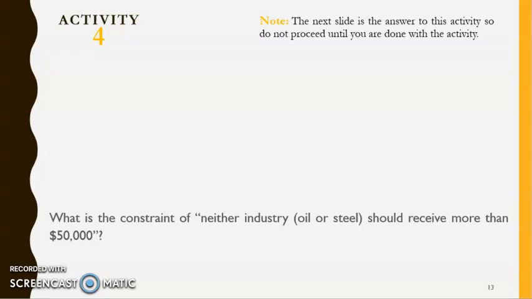So the amount of money you put in the oil industry, that is the result of investing in those two companies, and also the same thing for the steel, must be equal or smaller than 50,000. Pause it, check the case if you need to before you check the answer.